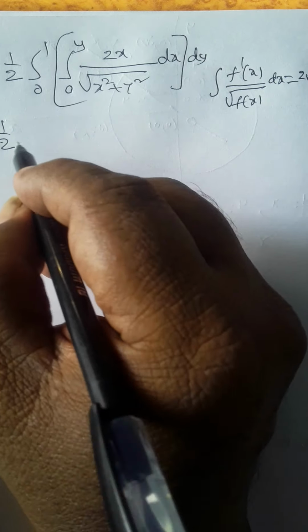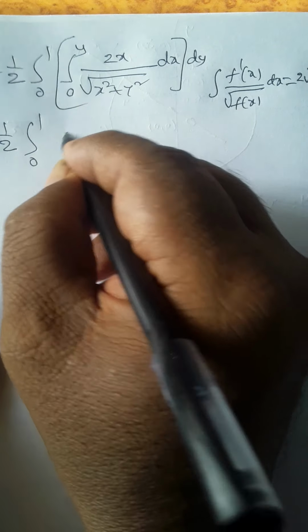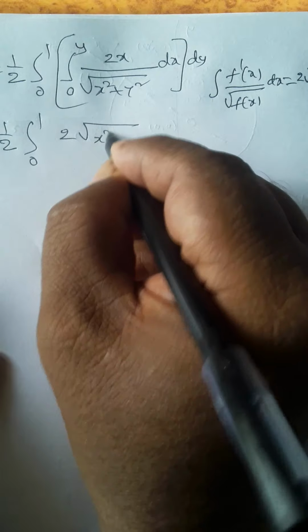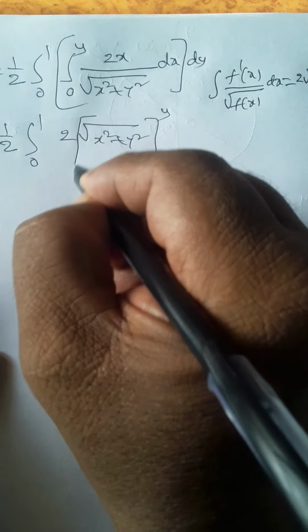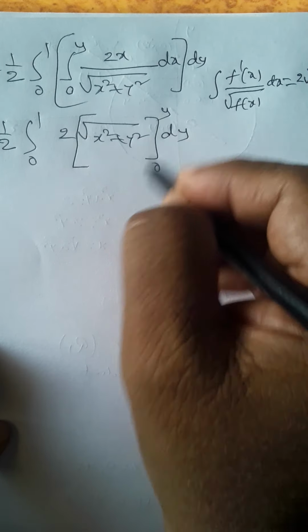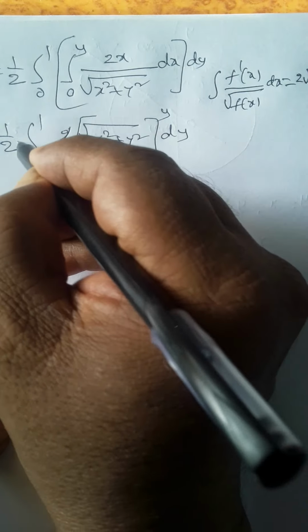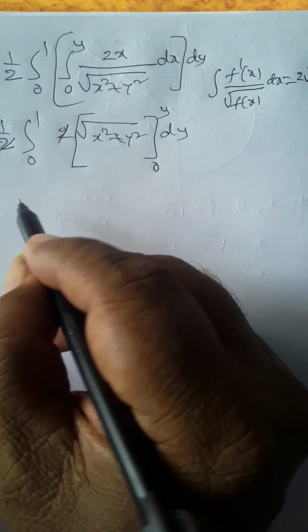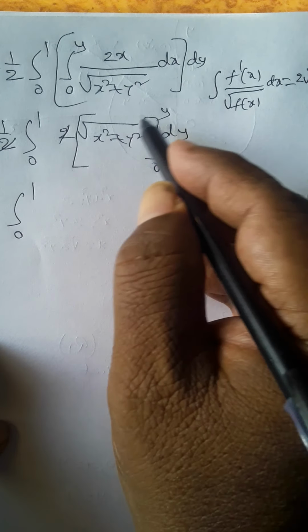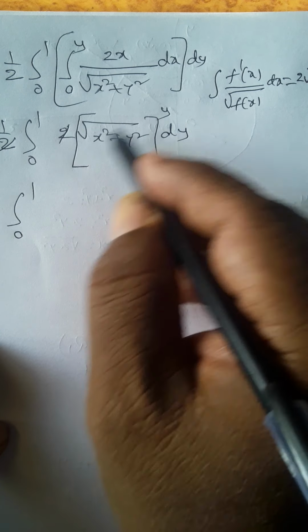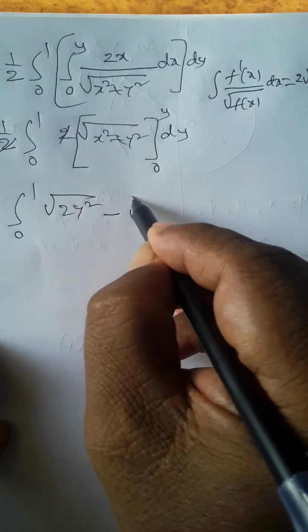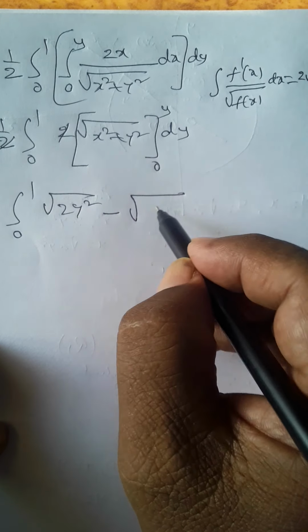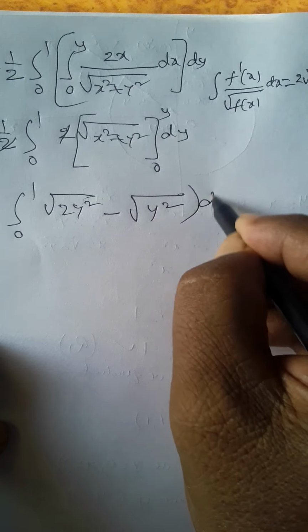So use that one. 1 by 2 integral 0 to 1. So 2 root f of x means 2 root x square plus y square, from 0 to y, put upper and lower limits. These two cancel. Integral 0 to 1, put upper limit y: instead of x you write y, root of y square plus y square, minus root over, instead of x you write 0, root y square, dy.